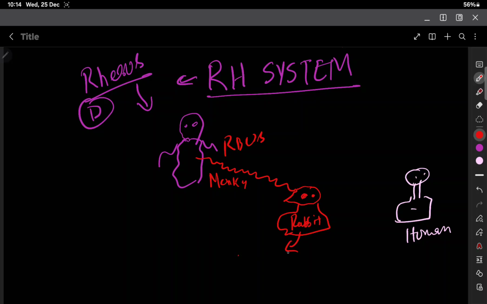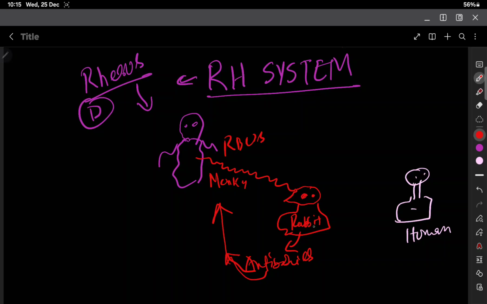Okay, so RBCs from this monkey were transferred to the rabbit, and what they noticed was that after some period of time, this rabbit developed antibodies against the RBCs of the monkey.